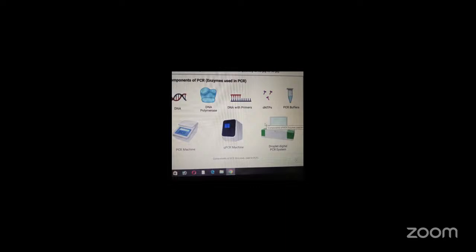Okay. The principle of PCR. What is the principle here? The PCR combines the principle of nucleic acid hybridization with the principle of nucleic acid replication, with the temperature variation of cyclic heating and cooling.